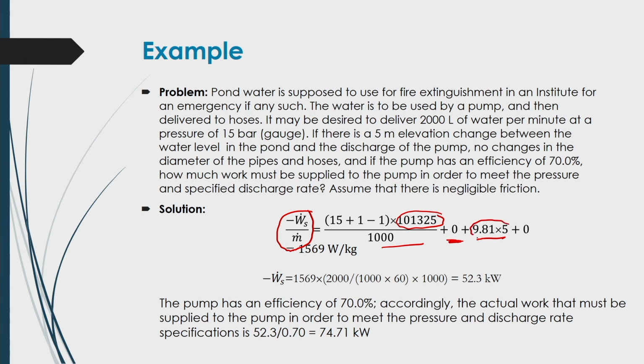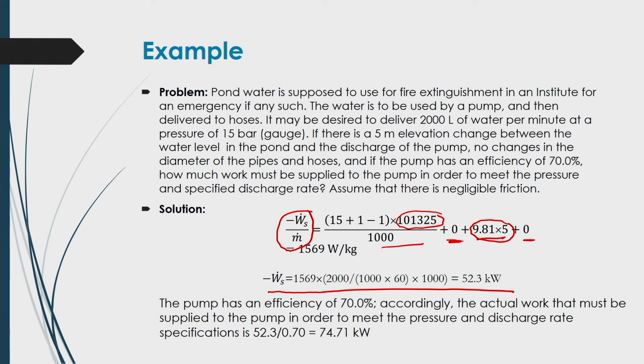So you can calculate simply g into delta Z, and friction is 0 here, it is neglected. Finally, after substitution of all those values, we get this W_S dot equal to 52.3 kilowatt.